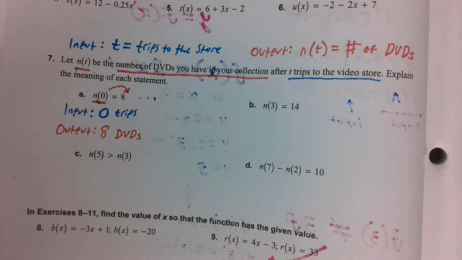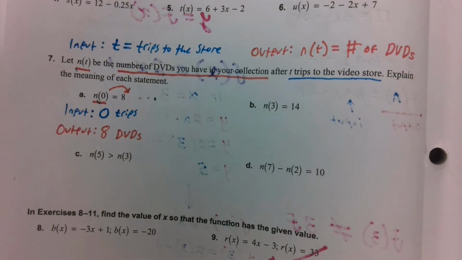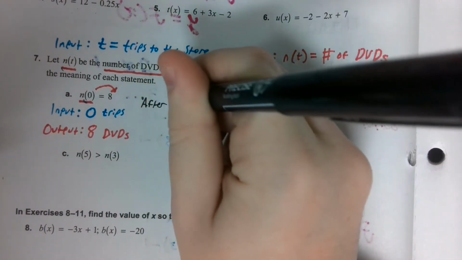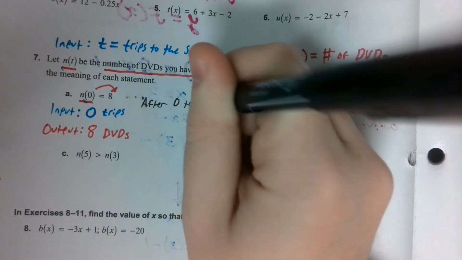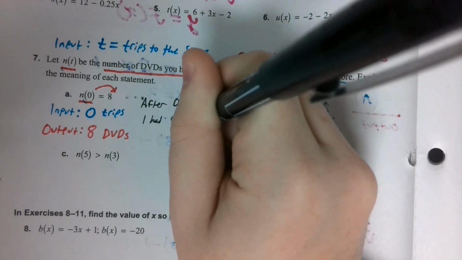You can interpret this how you will. So I'll say, before I started going to the video store, I had 8 DVDs on my shelf. That's what it means by interpreting the meaning of each statement. After 0 trips, I had 8 DVDs.